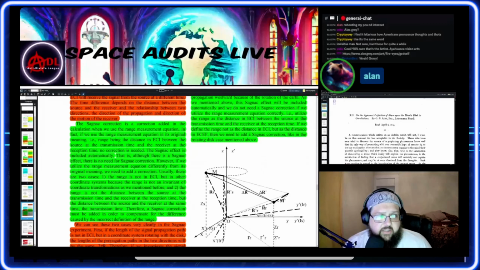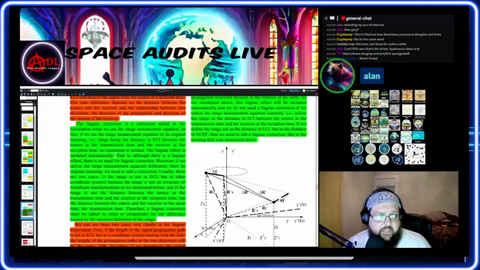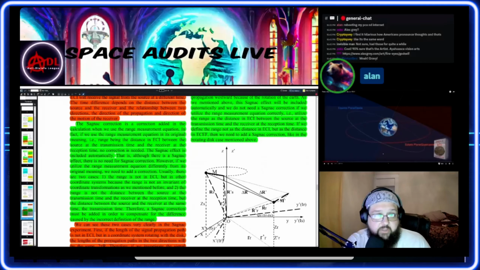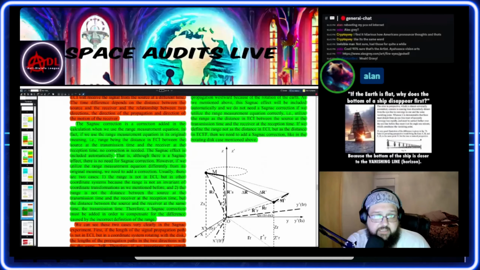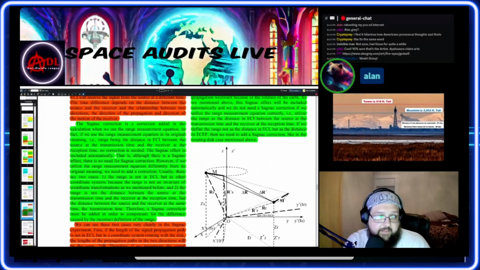So the Sagnac correction is a correction added in the calculation when we use the range measurement equation. In fact, if we use the range measurement equation in its original meaning, i.e. range being the distance in the Earth-centered inertial frame between the source at transmission time and the receiver at reception time, no correction is needed.